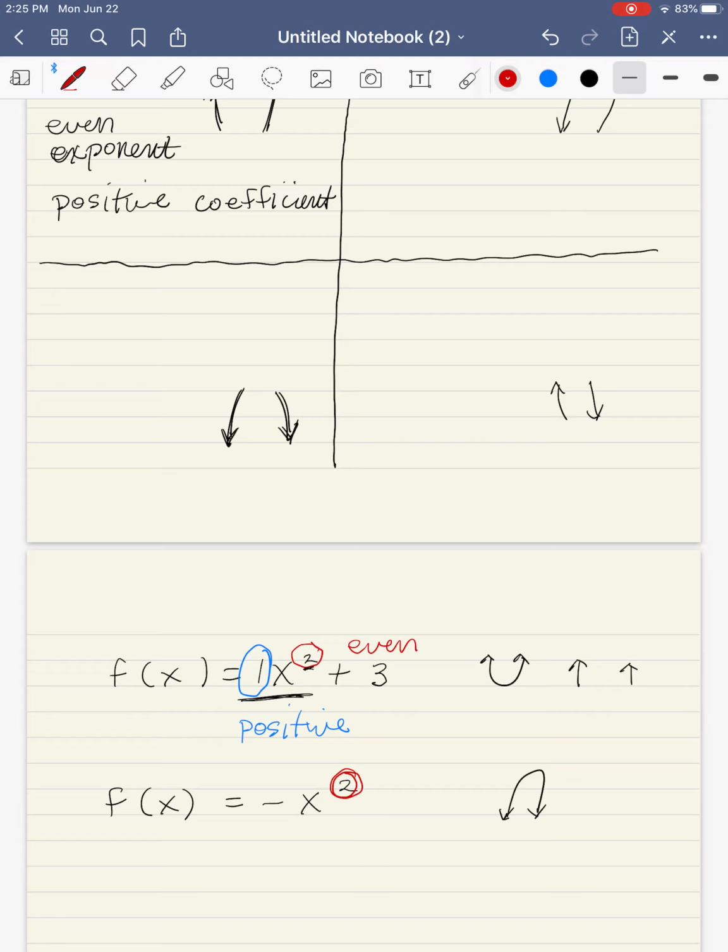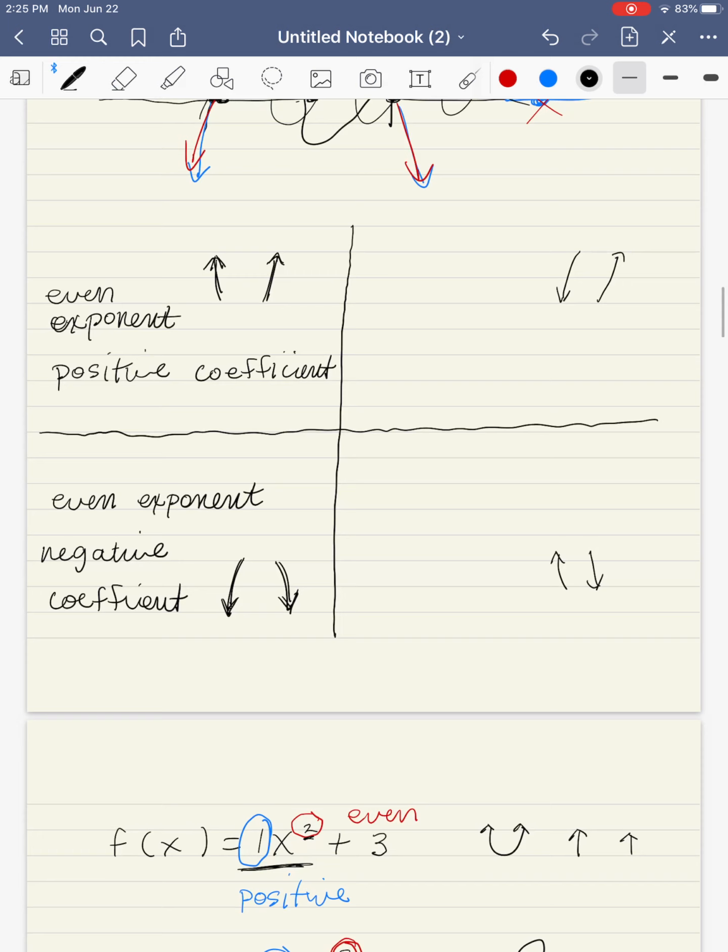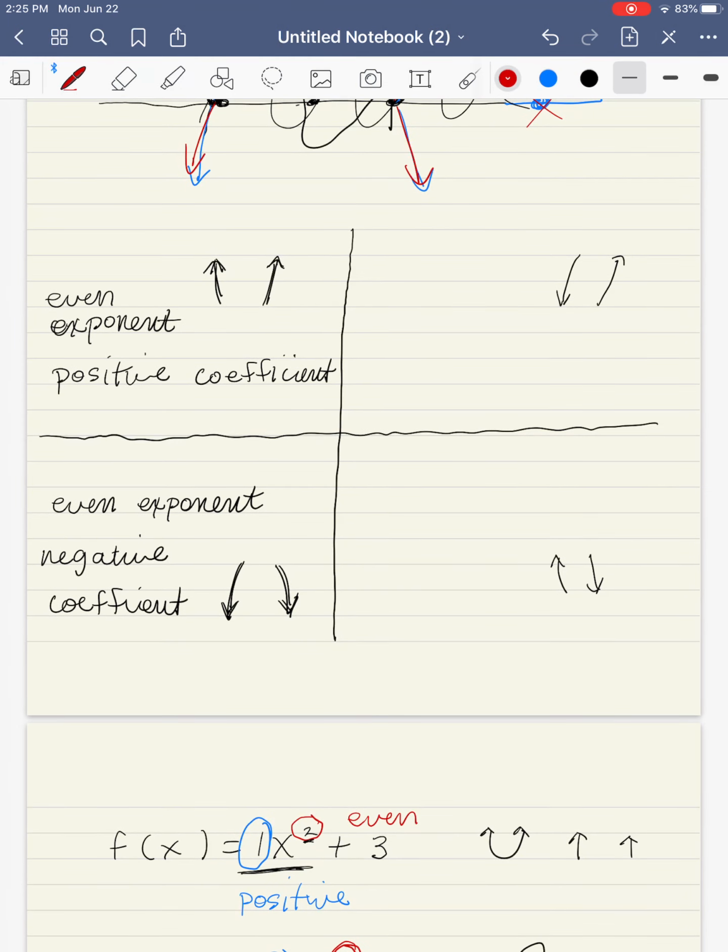So we still have an even exponent, which means they're both going to go in the same direction. The end behavior is both in the same direction, but now we have a negative coefficient. So that's the one here with an even exponent, means that both ends face in the same direction, but this one is facing downward because it is a negative coefficient.